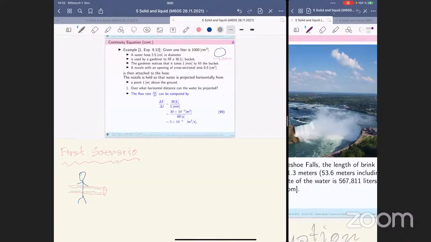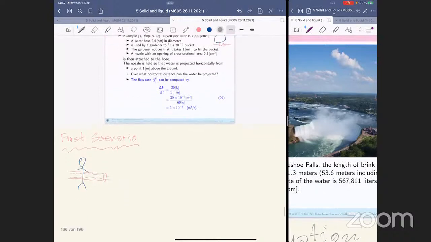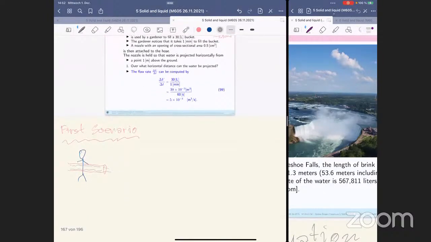The water is gonna go, and he just leaves this amount of water into a bucket. It's called a bucket, the container. Let's say it's made of metal or plastic, it doesn't matter.